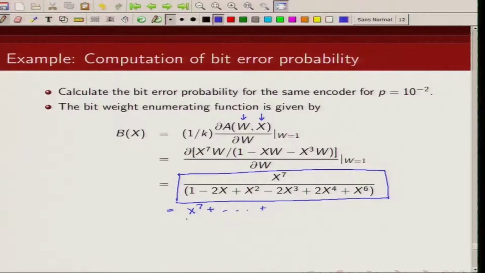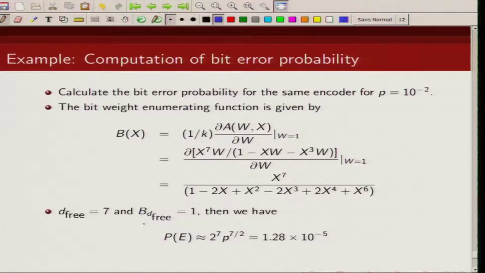So, in this case also, what is d free? D free is 7 and B d free is also 1. So, this quantity is 1, d free is 7. So, we can approximate the expression, because the first term corresponding to the free distance will be the dominating term. So, we can write probability of bit error to be this.